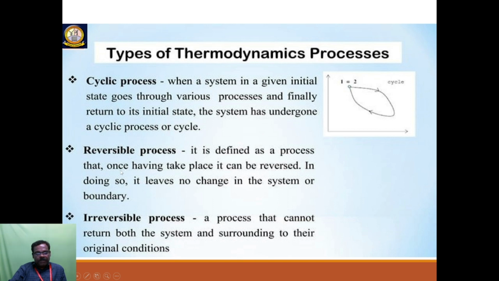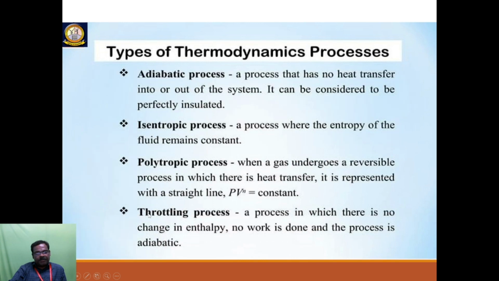That is an important point: once having taken place, it can be reversed. That is called a reversible process. The next one is the irreversible process. A process that cannot return both the system and surroundings to their original condition is called an irreversible process. So you have the cyclic process, reversible process, and irreversible process.